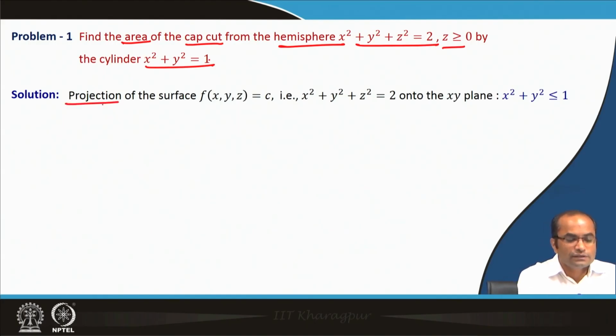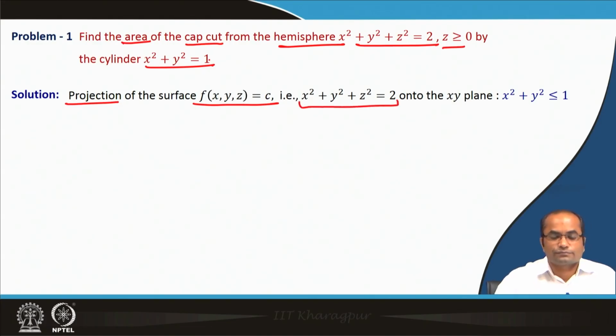First we will discuss the projection of the surface f(x, y, z) equal to c, that is, the projection of this hemisphere on the x y plane. This is the most suitable choice, where we will not end up dividing by 0, as discussed just before: we have to make sure that the dot product of the gradient and the normal to the plane is never equal to 0.